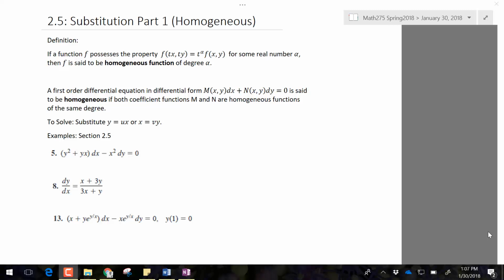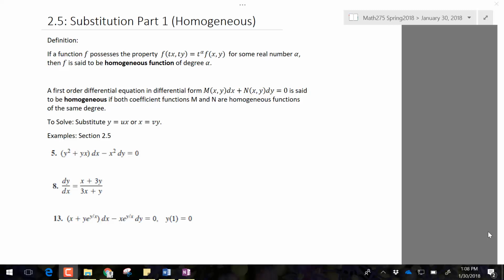And I don't know of any actual procedures or ways to look at this to make sure you choose the right one from the beginning. So it might be the case where you choose one of them, you go through the process, and it looks like your differential equation gets a lot harder. Then you have to go back and try the other way, because that might be easier. But I think in either case, you should be able to solve for it.